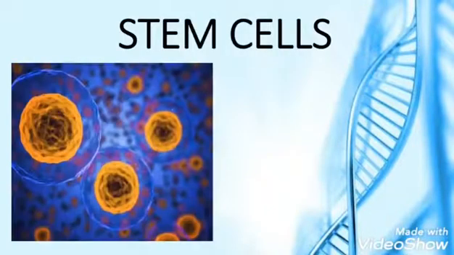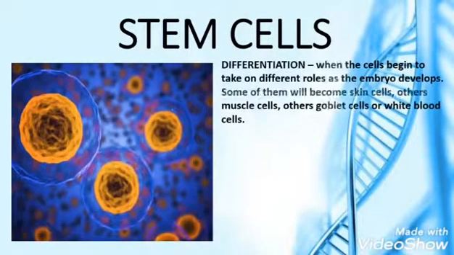Stem cells. Shortly after a zygote is formed, it begins to divide by mitosis. Over the next few hours and days, the cells divide over and over again. Each division is done by mitosis, so every new cell is genetically identical.